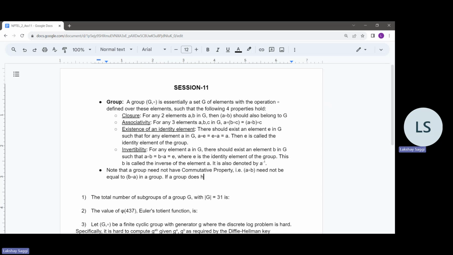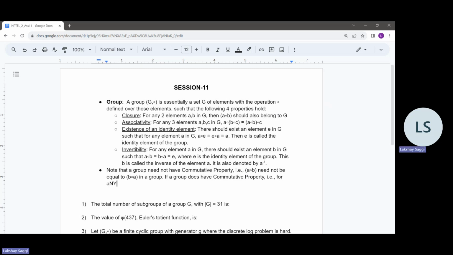If a group does have the commutative property, and what is the commutative property? That is, for any two elements A, B in G, A∘B is equal to B∘A, then that group is called an abelian group.